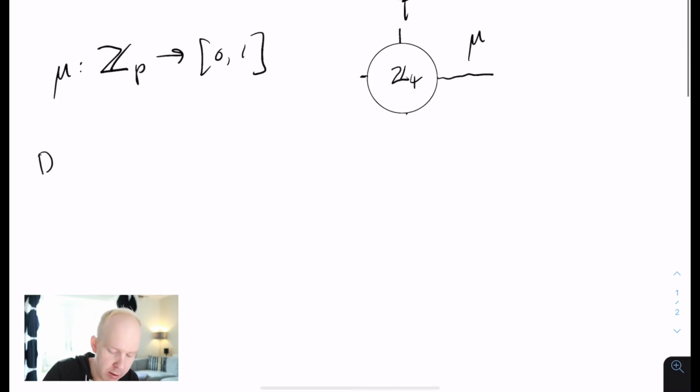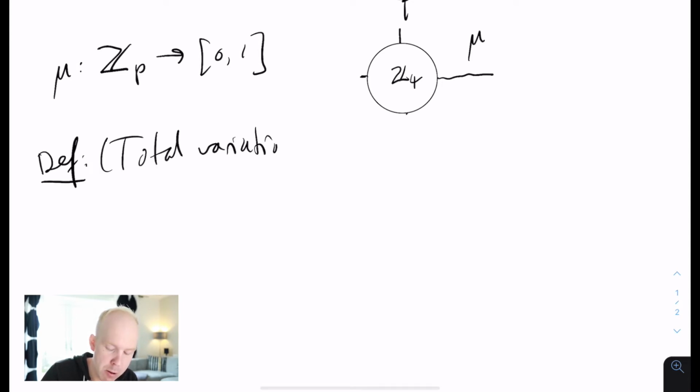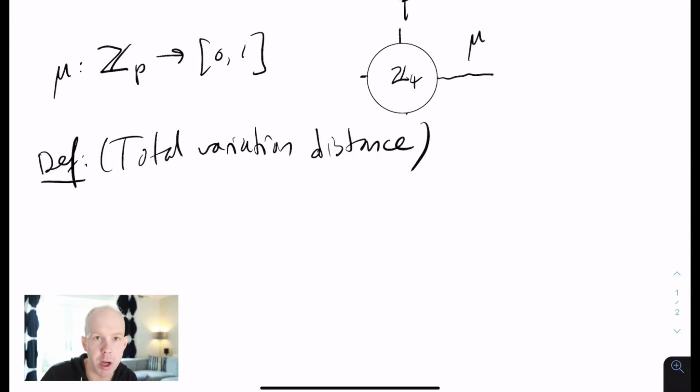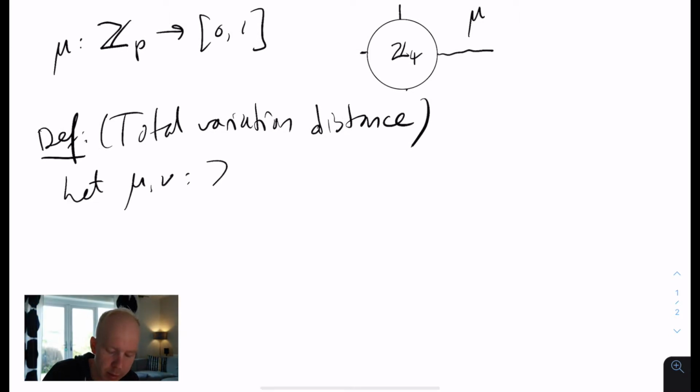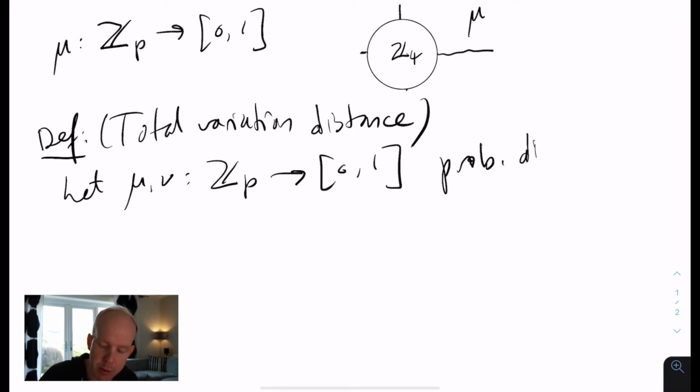So the definition of the total variation distance is about two distributions. Let mu and nu be probability distributions from Z_p to [0, 1].